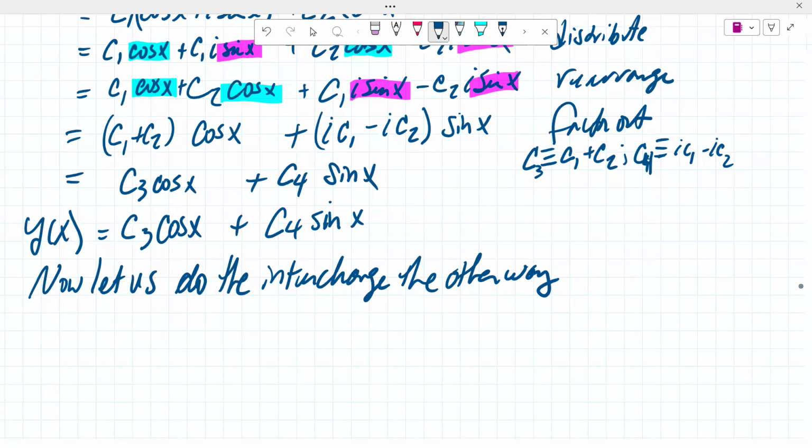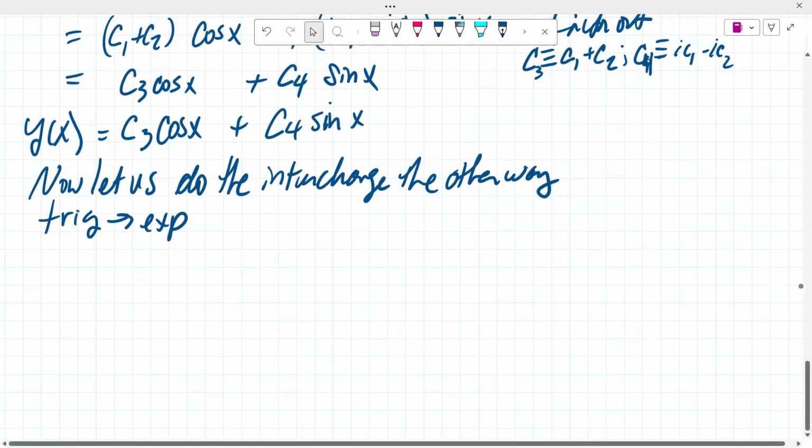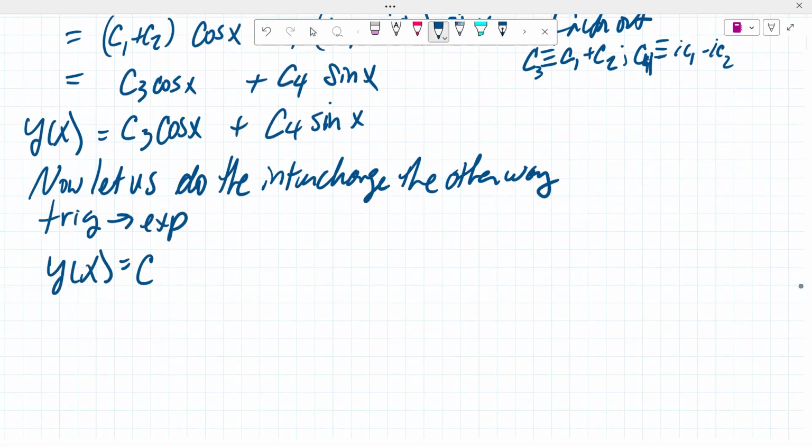So we're going to go trig to exponential. So y of x equals C3 cosine x plus C4 sine x. This was given.